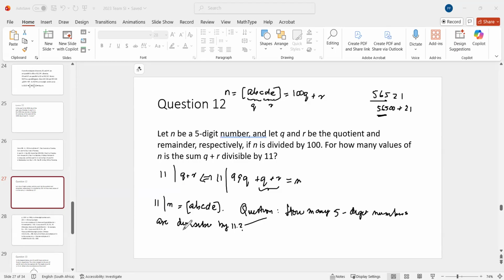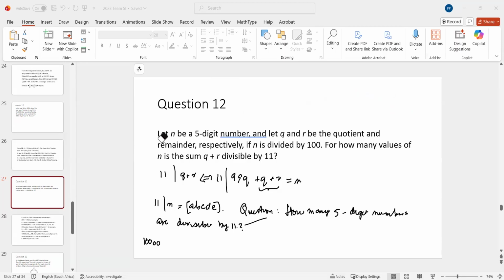So let's see, the 5-digit numbers start from 10,000. 10,000 is the first 5-digit number. Now, what is the closest multiple of 11 to 10,000? I want to know the smallest possible 5-digit number that is a multiple of 11. So how do I answer that question?